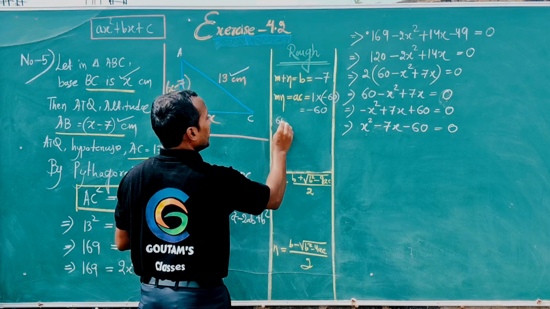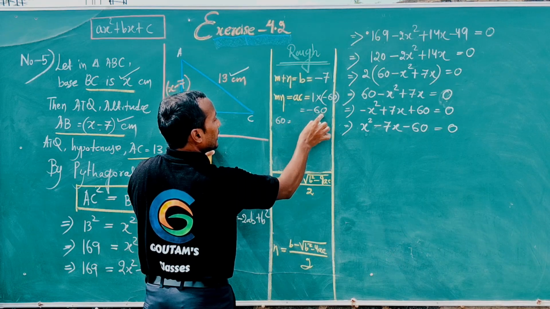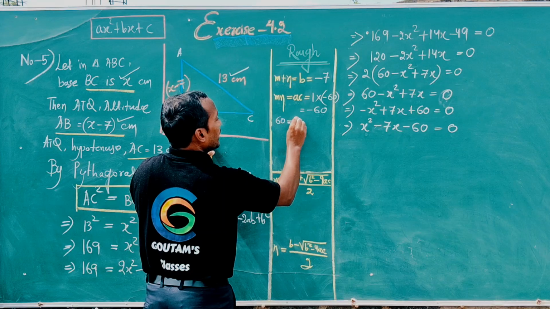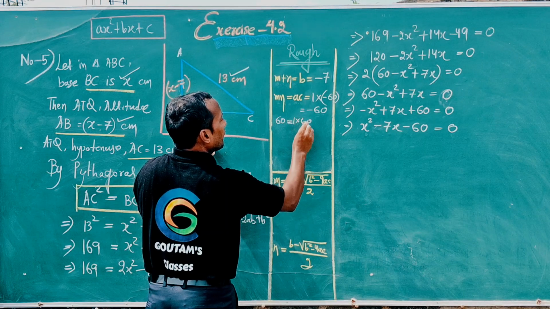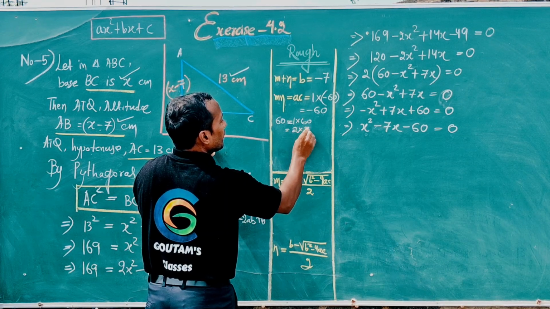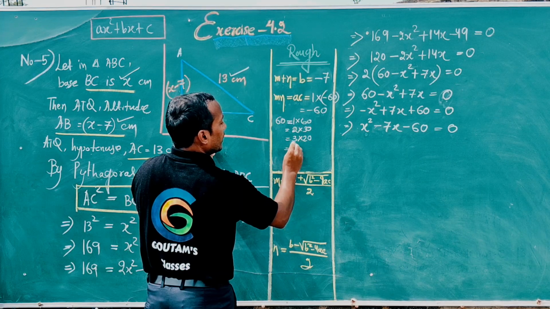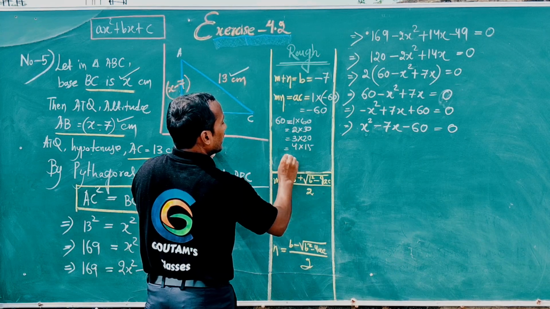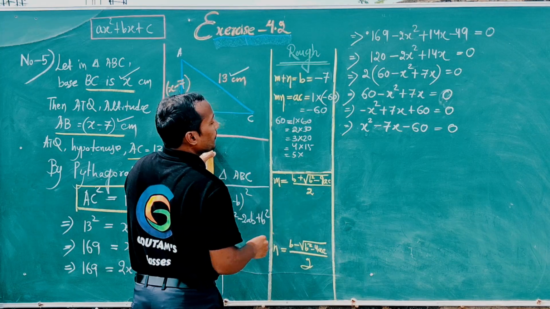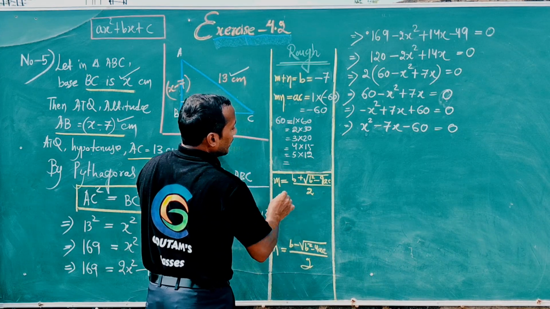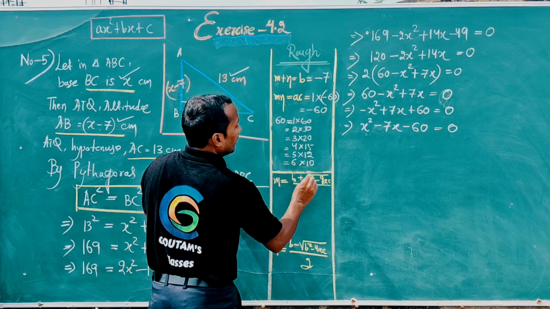Now our task was to represent 60, this numerical part, as a product of two numbers in as many ways possible. So I can write 60 as 1 into 60. I can write as 2 into 30. I can write 60 as 3 into 20. I can write it as 4 into 15. I can also write as 5 into 12. I can write it also as 6 into 10.